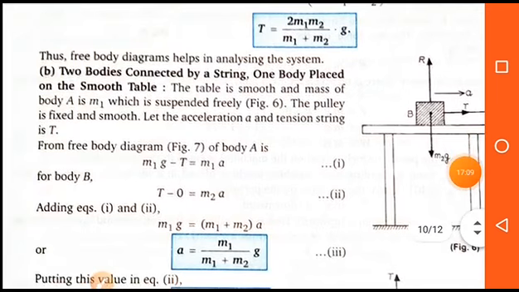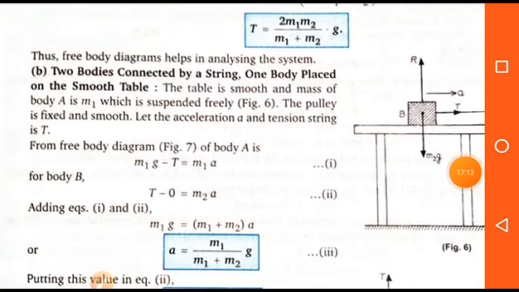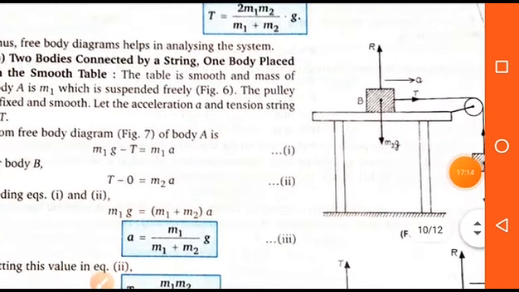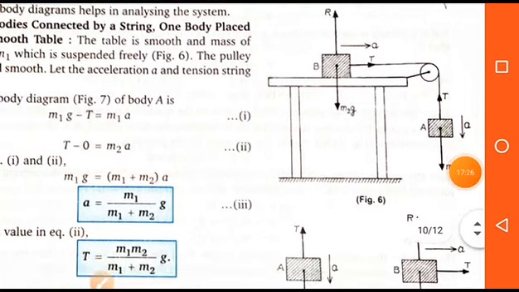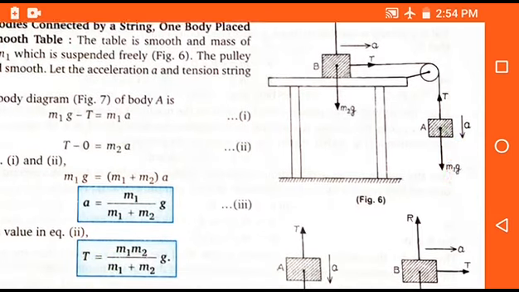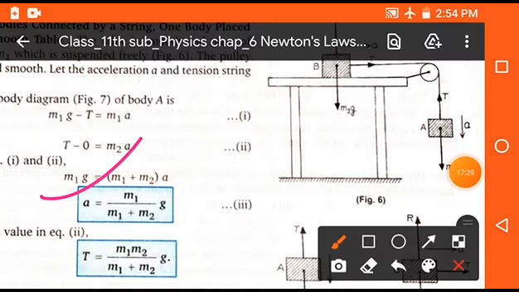Okay, students. We can also calculate acceleration and tension when one object is placed on a table and the other object is hanging from the pulley in the downward direction, with the second object placed smoothly on the table. In this case, the acceleration becomes A equal to m1 upon (m1 plus m2) into g, and T is equal to m1 m2 upon (m1 plus m2) into g.